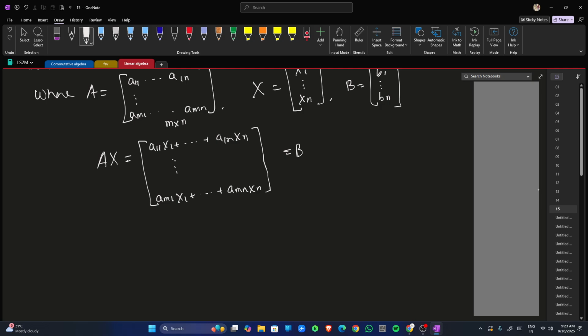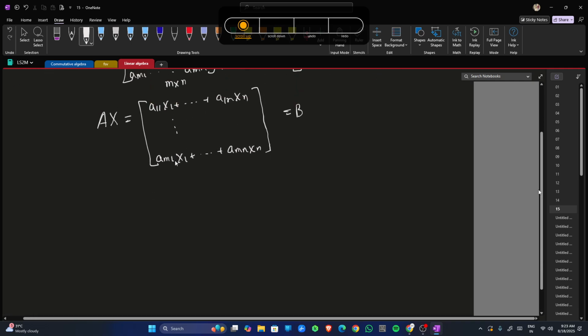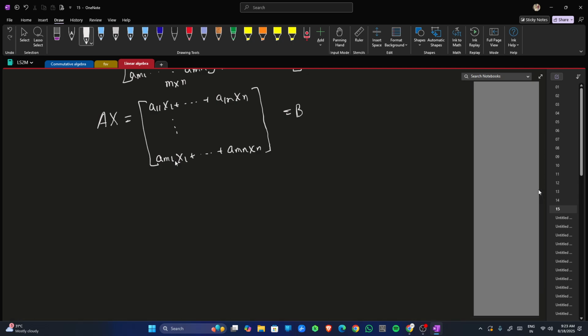Okay, so now we have basically a great technique to eliminate all these variables. Definition.